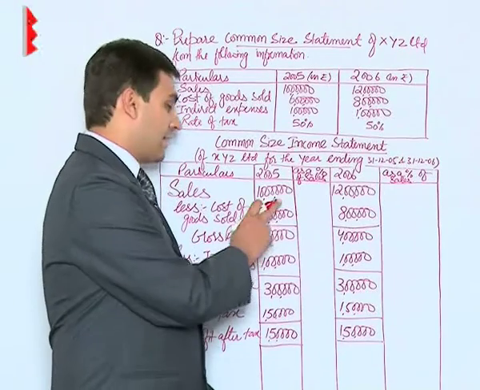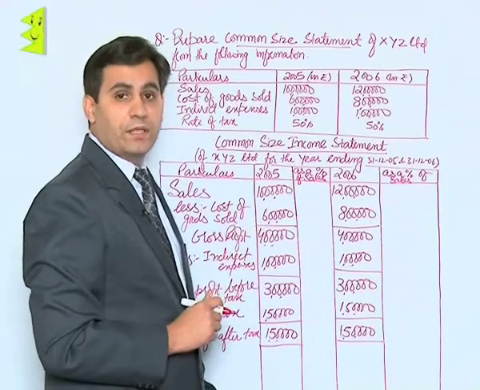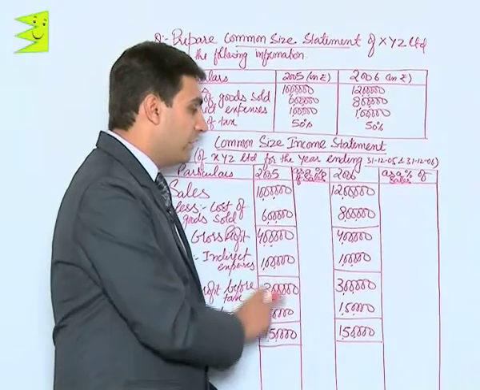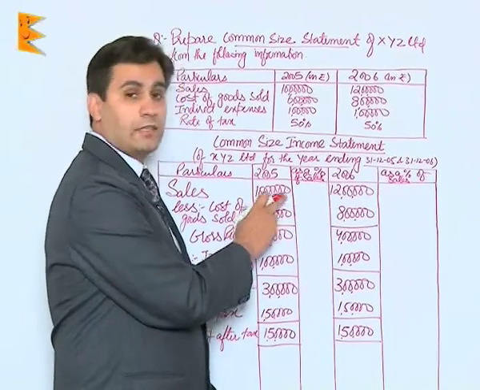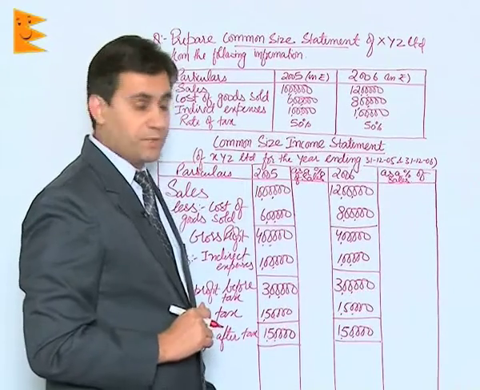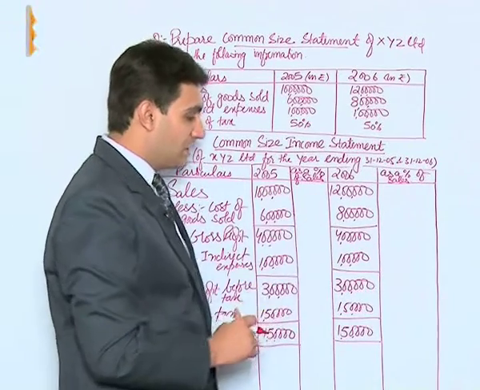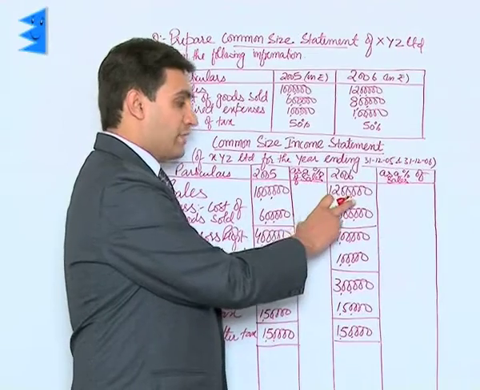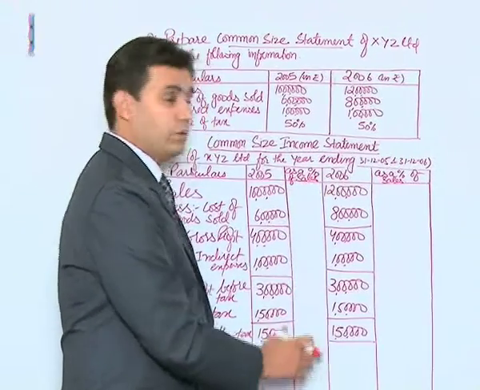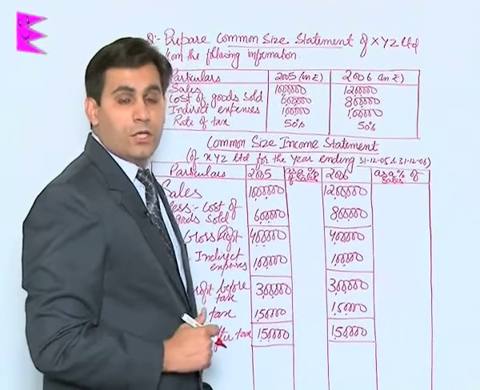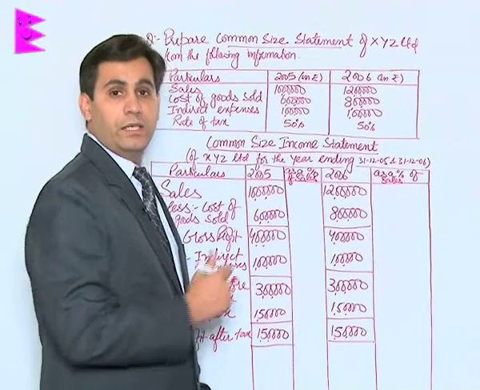So we are taking sales as the common base. That means for year 2005, all the figures would be calculated on the basis of sales and converted into percentages. And for year 2006, 12 lakh, that is the sales for this year, would be taken as base for converting all these figures into percentages. So let's see how these percentages would be calculated.